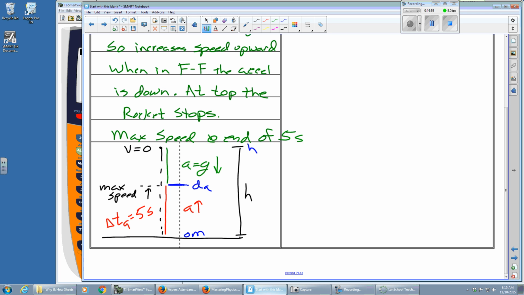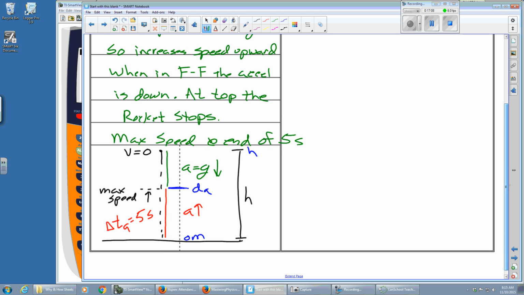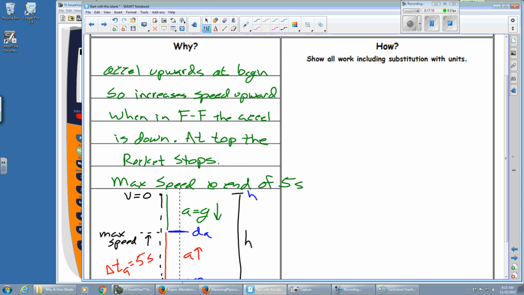And then I'll know what h is from that green segment by combining it. So, start off with the red segment. I'm going to use d equals d naught plus v initial t plus 1/2 a delta t squared, and that should be delta t.